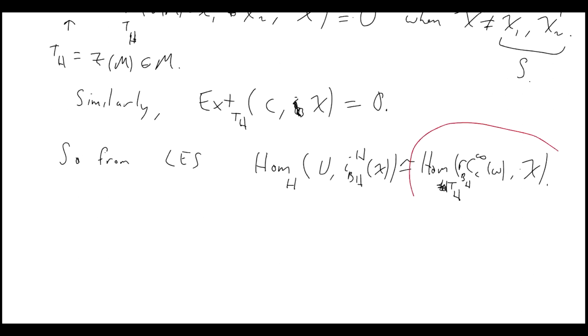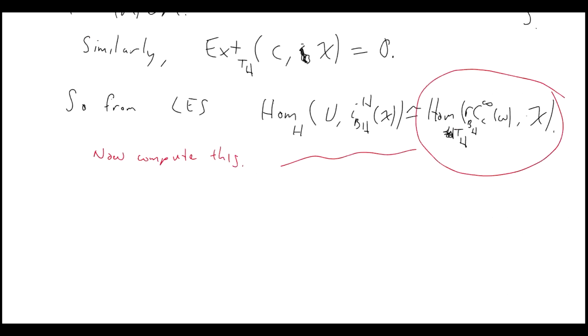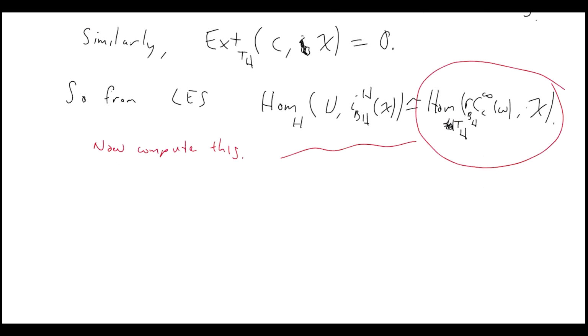So now we're going to compute this. We're going to take a look at this space of smooth, compactly supported functions on the rank 1 elements.